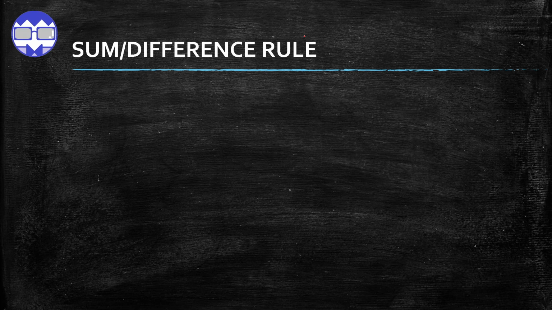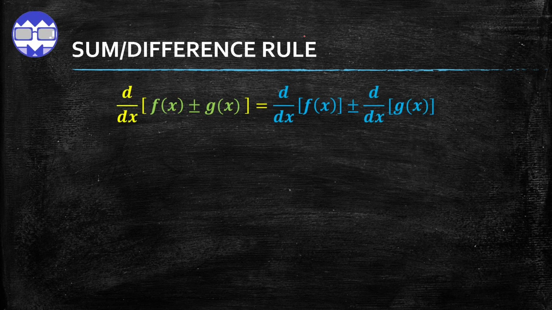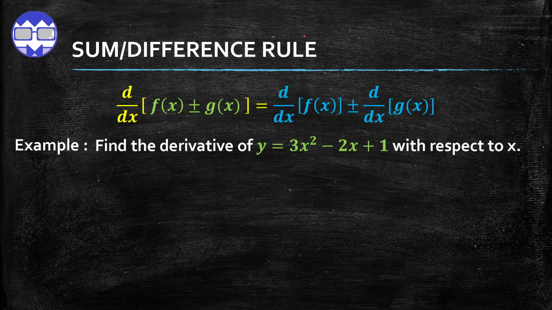So we have the sum and difference rule. Basically, the sum and difference rule just states that we can get the derivative of each term. So if you have multiple terms in your function, you can divide it into different terms, different derivatives. For example, we have here y equals 3x squared minus 2x plus 1.